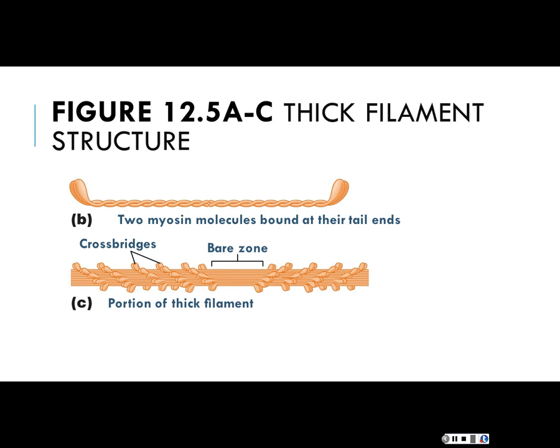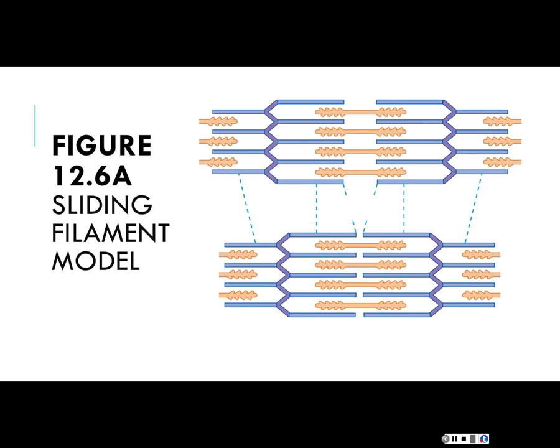All right. So we have an idea about the thin filament structure. We have an idea about the thick filament structure. And then we can put it in concert a little bit to talk about something called the sliding filament model of contraction. And the sliding filament model illustrates for us how the relationship, maybe the status of the A band and the I band change during contraction.